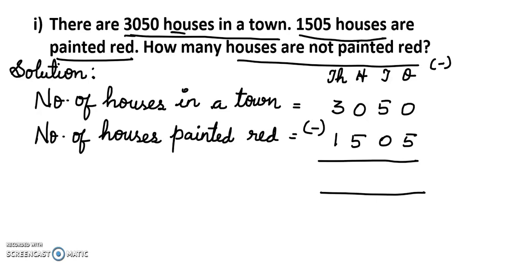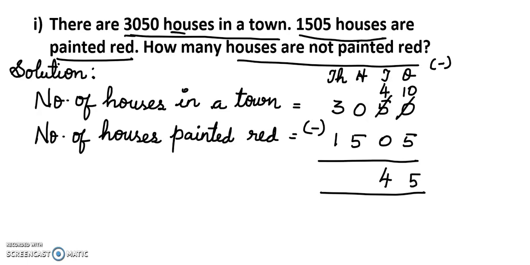So 5 becomes 4, and 0 becomes 10. So 10 minus 5. Count 5 after: 6, 7, 8, 9, 10. So what is the answer? 5. Next 4 minus 0, 4.